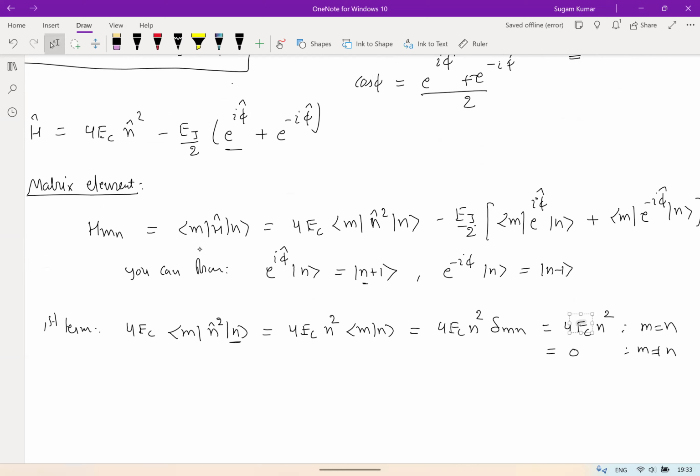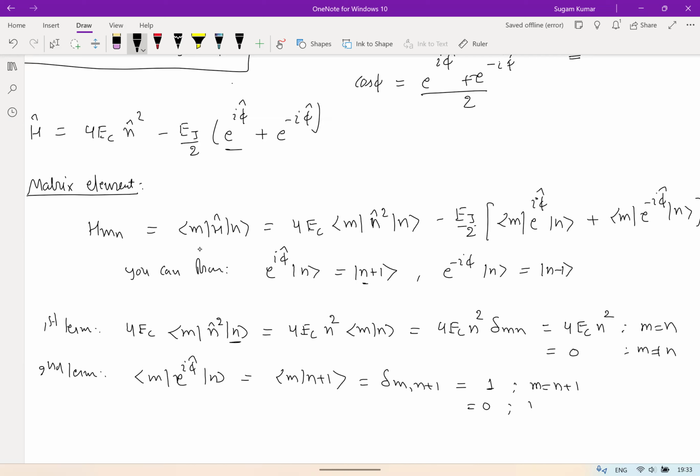And what about the second term? That is M e power i phi N. This is going to make M N plus 1, so this is delta M, N plus 1. You can say this is equal to 1 if M equals N plus 1, and 0 if M is not equal to N plus 1.